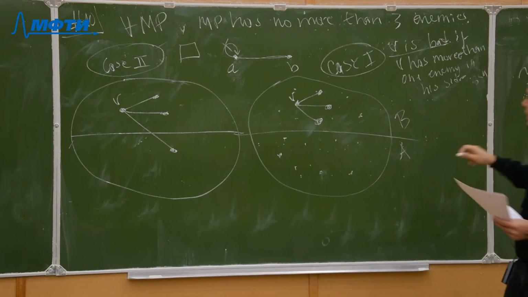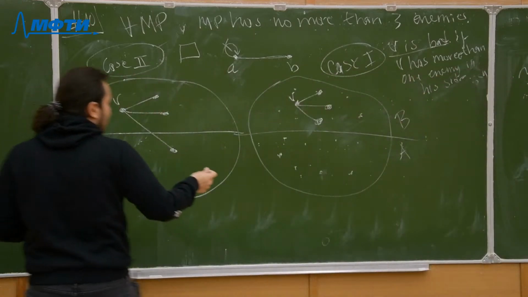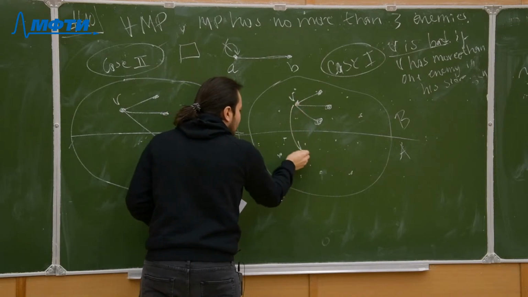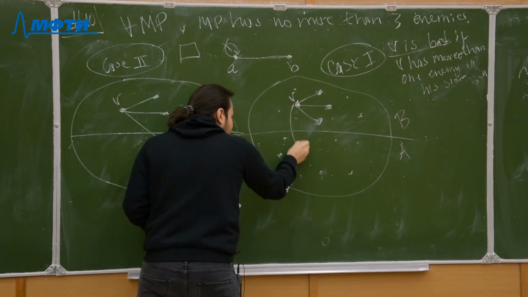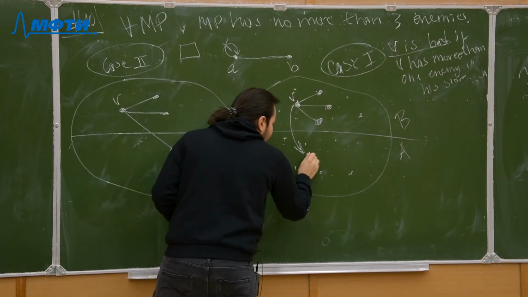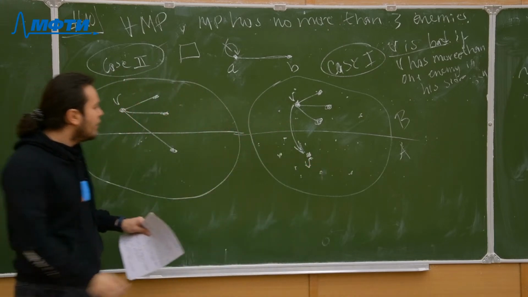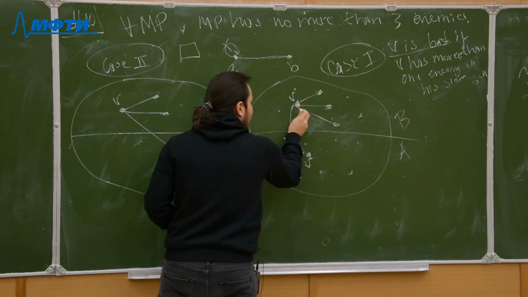Okay, so in this case, V, let me write it here. We can change V here. So let's take this member and put it here. So here we will have the new V. V will be here, and then of course the enemies will be the enemies, so that doesn't change.